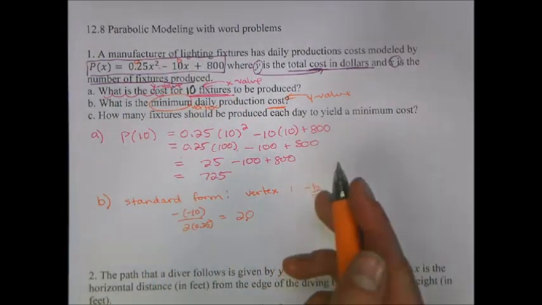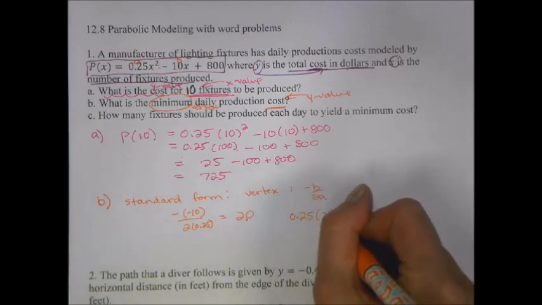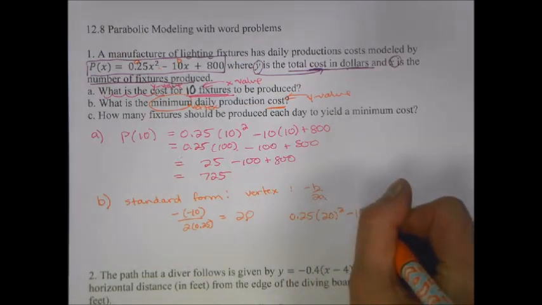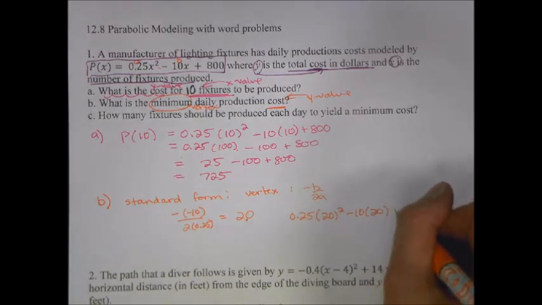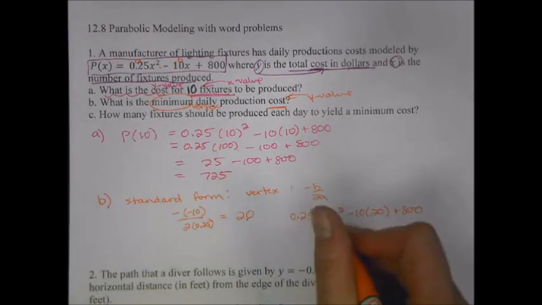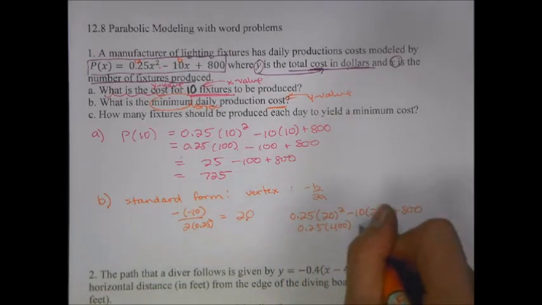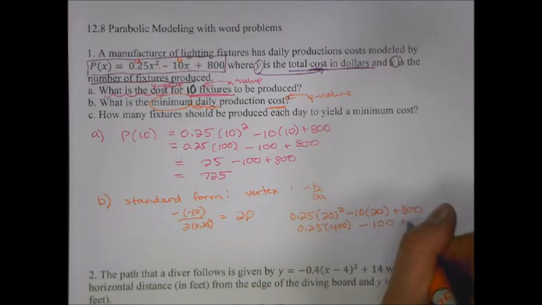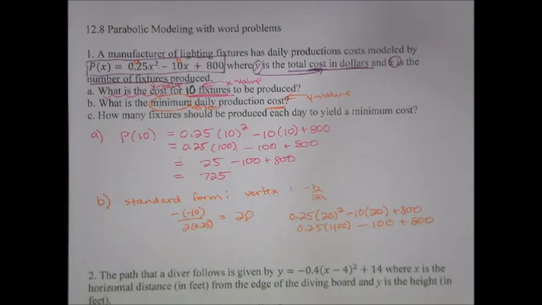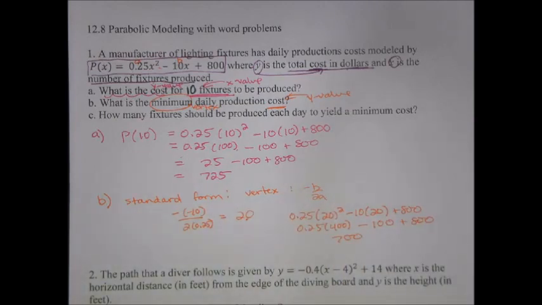So let's go ahead and plug it in. 0.25 times 20 squared minus 10 times 20 plus 800. 0.25 times 400 minus 100 plus 800, and we get 700.